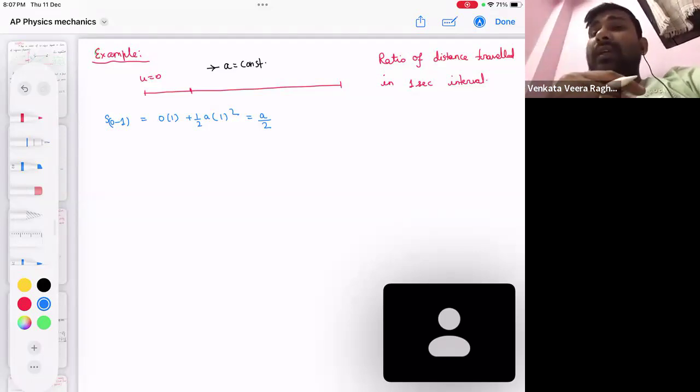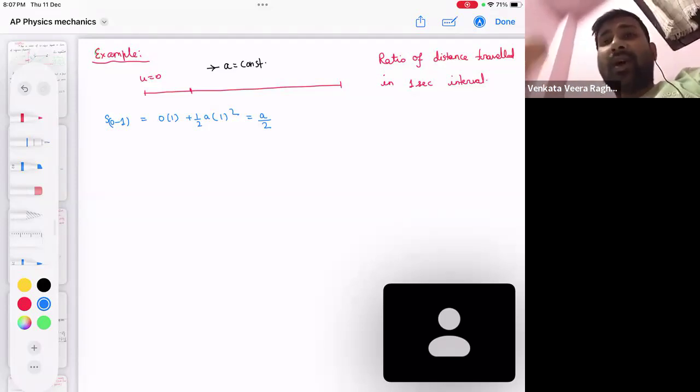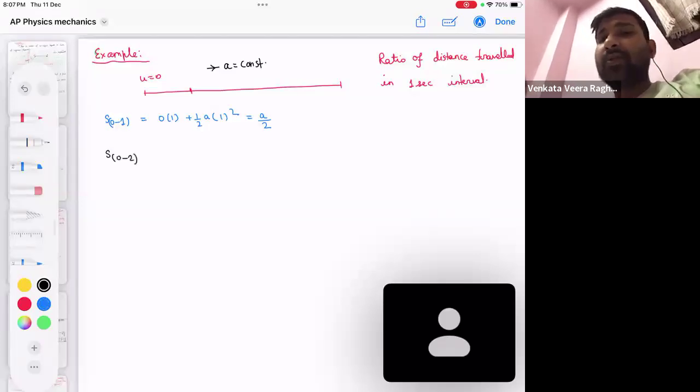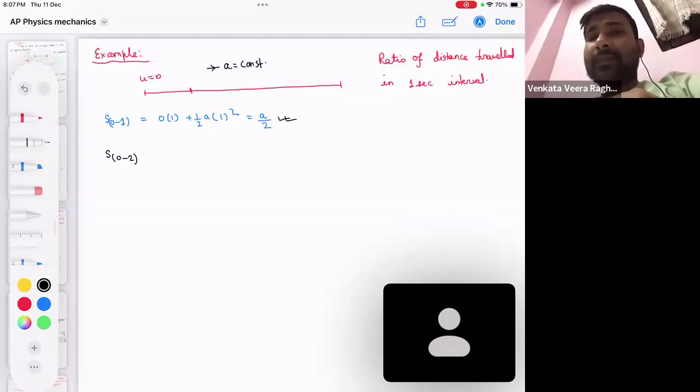That will be your initial velocity, so again we have to calculate it. Or it will be better if I calculate the distance traveled from 0 to 2 second, and out of that subtract 0 to 1 second. Understand this one?